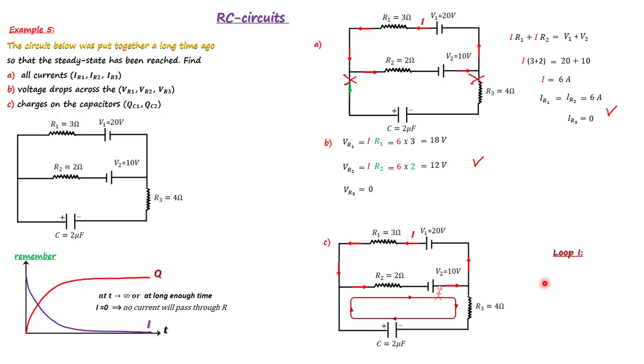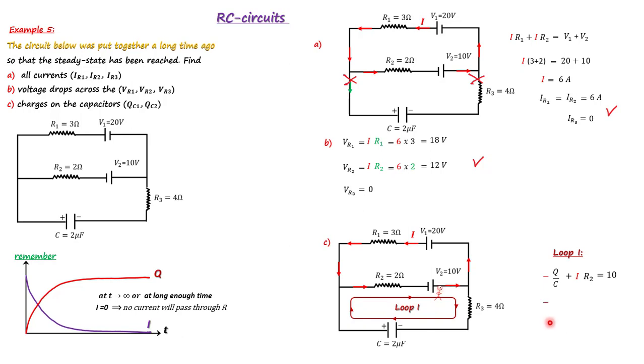That means I'm going to use minus Q over C for the potential across the capacitor. Then I walk and I see this R2, and direction of the current and direction of the loop are the same. So it's plus I times R2. And we have a battery which is V2, 10 volt.